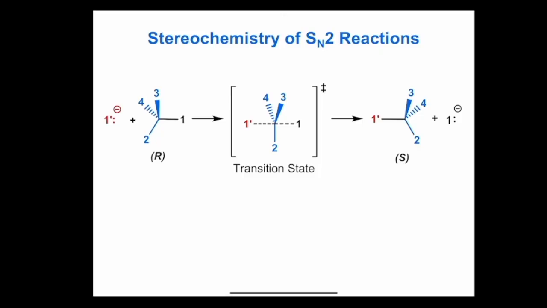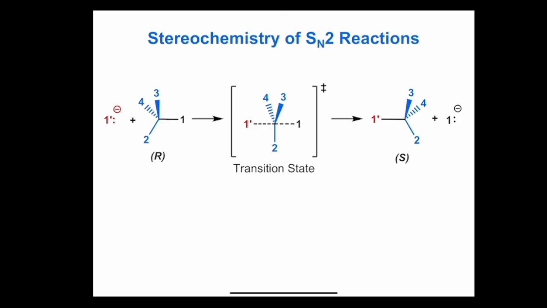If the reactive center of the electrophile is an asymmetric center, it will undergo inversion. Now again, this attack, this transition state, it is always happening. We're not saying SN2 reactions only undergo inversion when there's an asymmetric center.